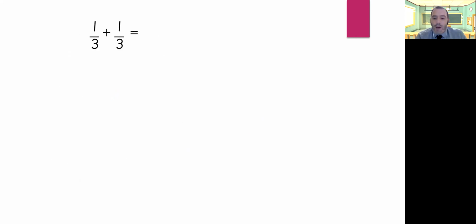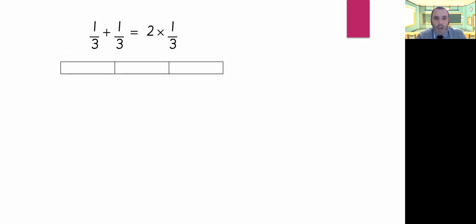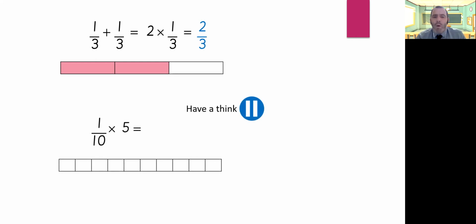We have 1/3 plus 1/3. It's the same as 2 times 1/3. We have our bar model, 1/3, 2/3. We have 2 lots of 1/3 to give us 2/3. How about this one? Have a think. 1/10 times 5.